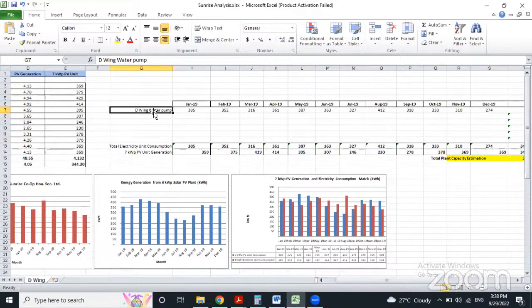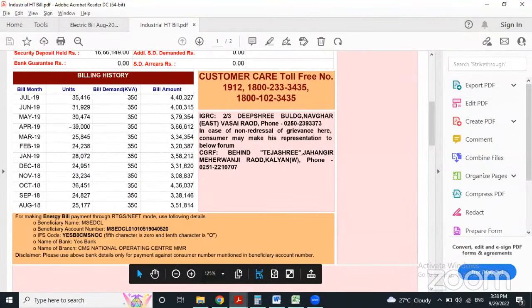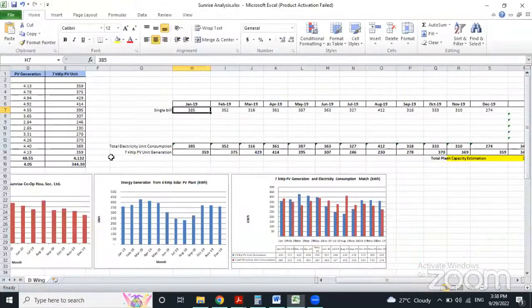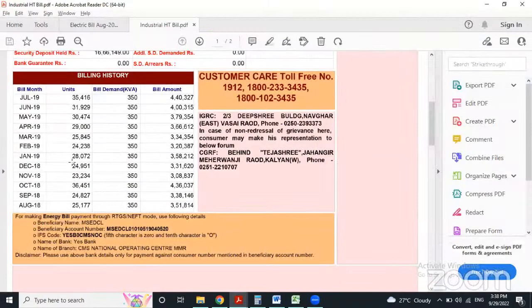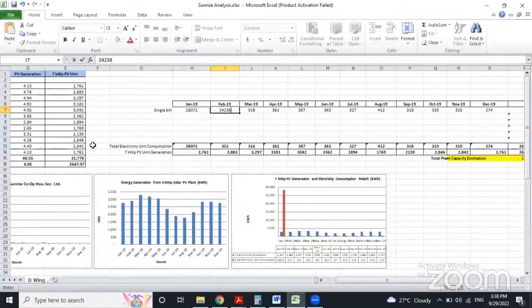So over here, for the single bill, I will just write it and take the single consumption. Starting from January, 28072 is the total unit for January. February is 24238.